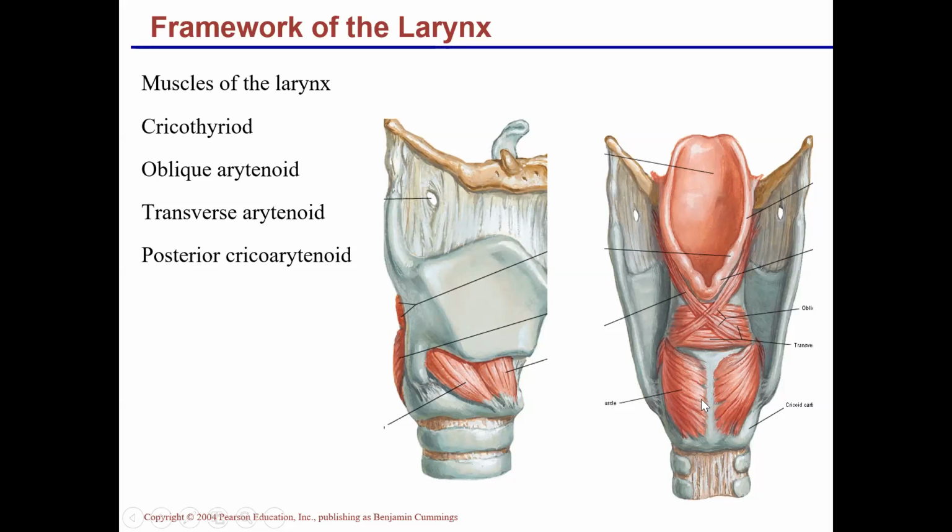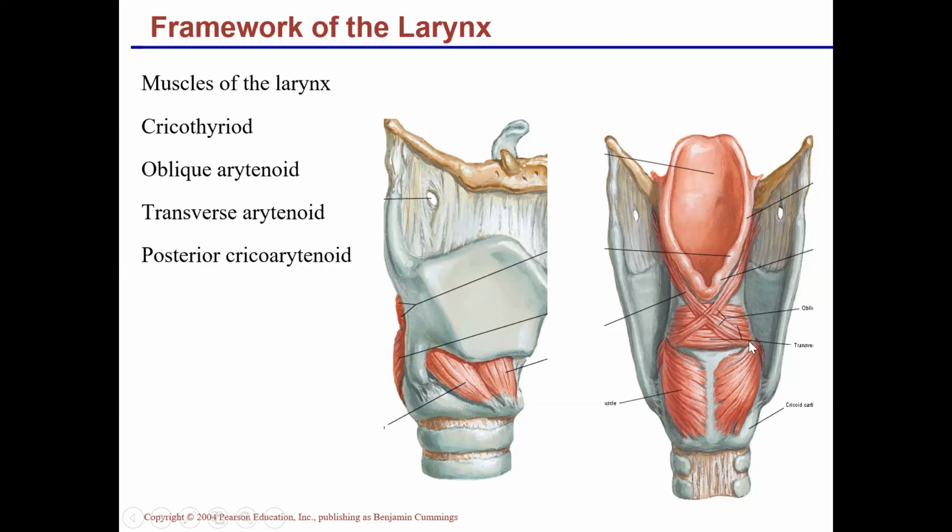On the posterior side right here, okay, this cartilage is cricoid cartilage. So this muscle connects cricoid cartilage from the posterior side to the arytenoid cartilage. So this one is called posterior cricoarytenoid muscle.